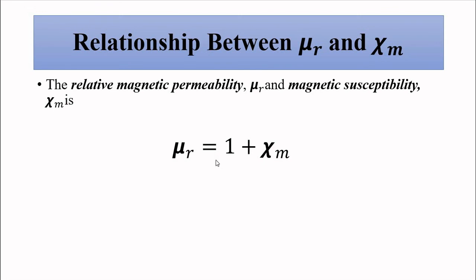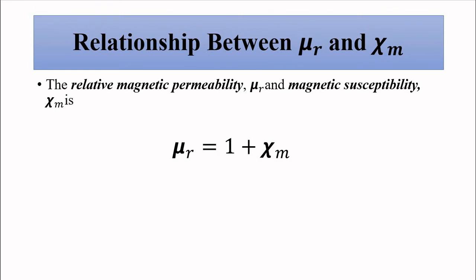Otherwise I would have gone into detail, because these things will come up in our discussion related to electrical machines. So I have simply stated it here: the relative permeability is equal to the magnetic susceptibility plus 1. That is the relationship between the relative magnetic permeability and the magnetic susceptibility.